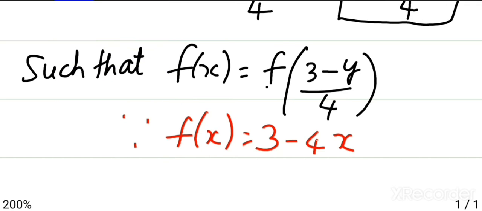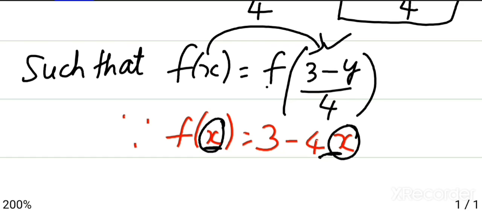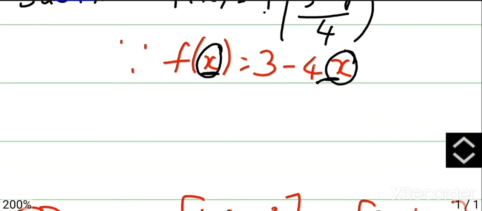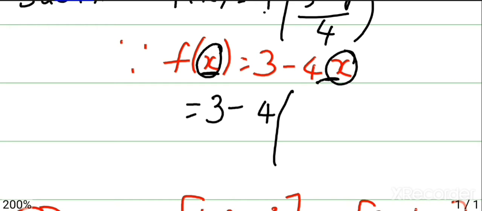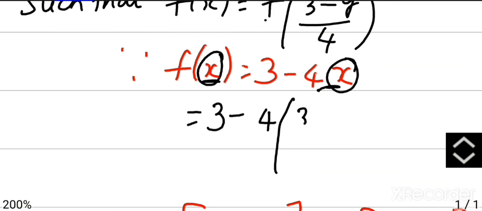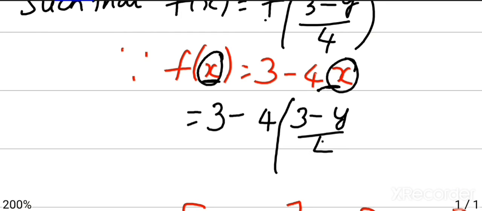Wherever we have x, we should replace this value in the question formula because our x changes to this value. So it will be 3 minus 4 times (3 minus y) divided by 4.